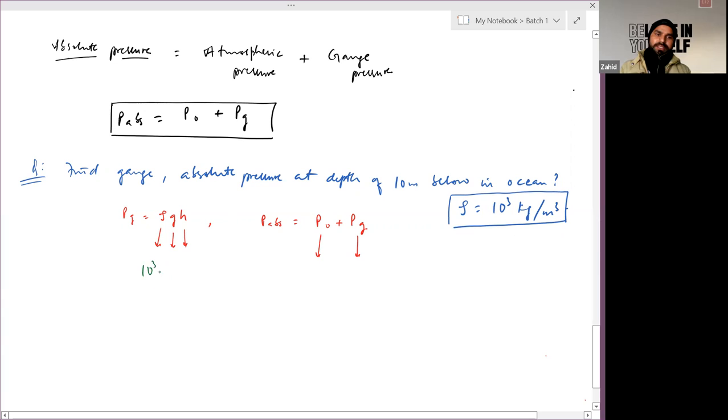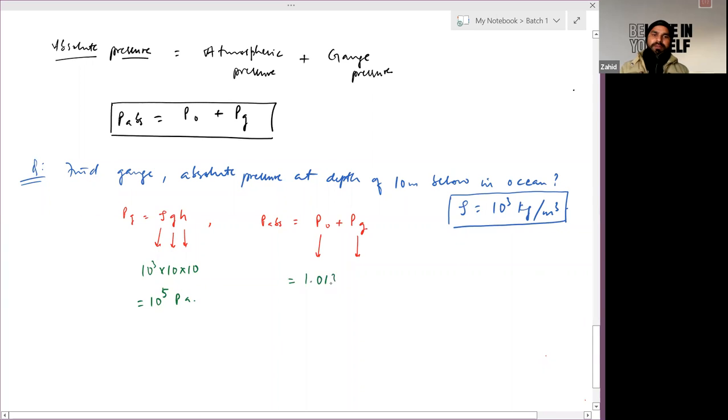The density of water is 10 to the power 3, gravity is 10, and the depth of liquid is 10. On solving, you will get 10 to the power 5 Pascal. Now put the value of atmospheric pressure and gauge pressure and simplify to get absolute pressure.